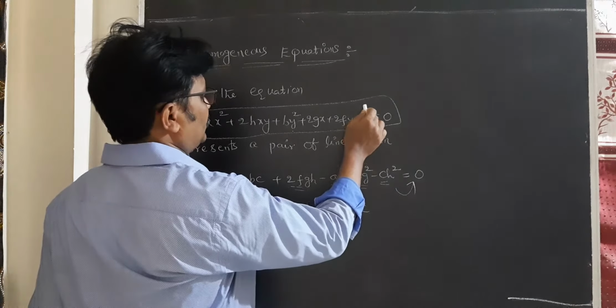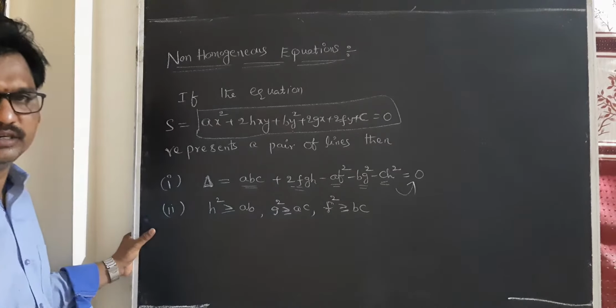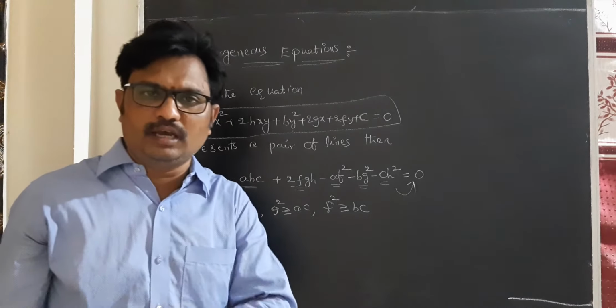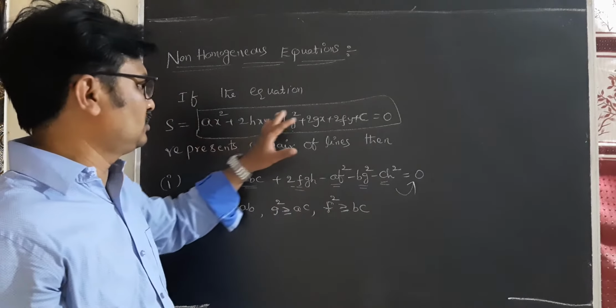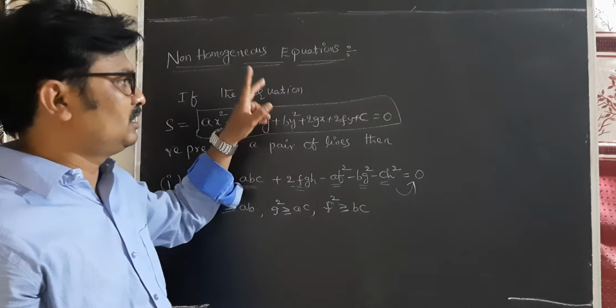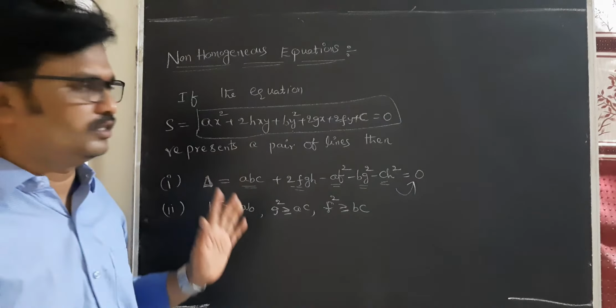Definitely students, a constant is there. Undoubtedly this equation is not passing through the origin. Therefore this equation represents a pair of lines not passing through the origin. That is the first point.